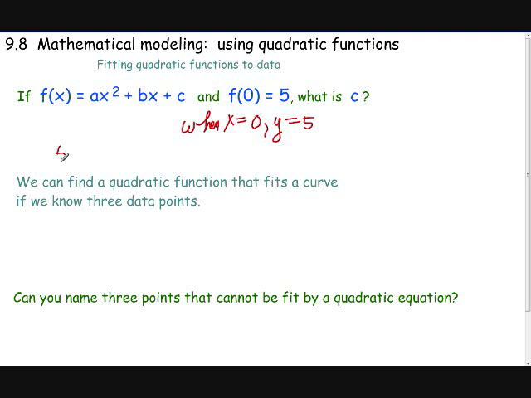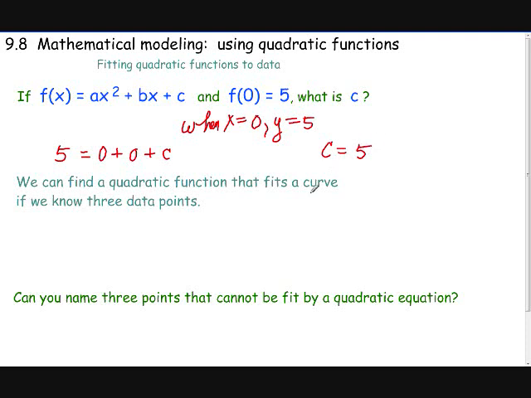So I can do this. 5 equals a times 0 squared. 0 squared is 0. Anything times 0, we don't have to know what a is to know that it's equal to 0. Same thing here. X is equal to 0, so another 0. Oh, that was a tricky question, wasn't it? C has to be equal to 5.